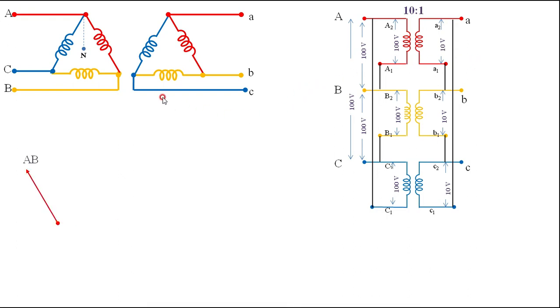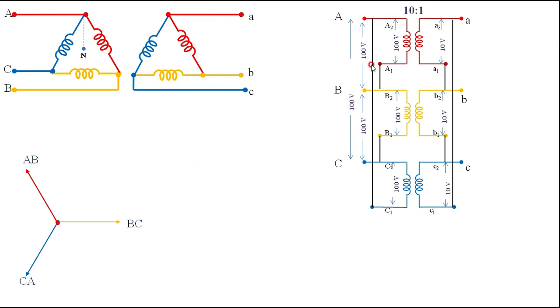Then if you draw the vector diagram, this is the voltage across AB, BC and CA in sequence. That is AB, then BC is 120 degrees apart from AB, then CA, which is lagging BC by 120 degrees. There is zero phase shift between the primary and the secondary.